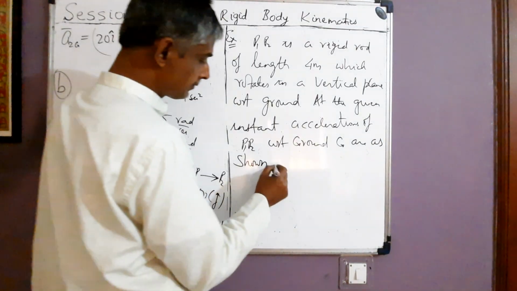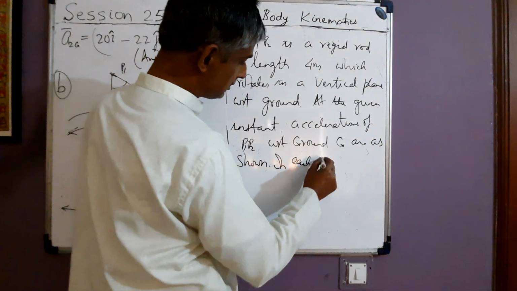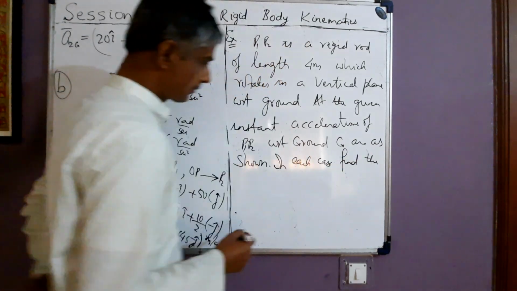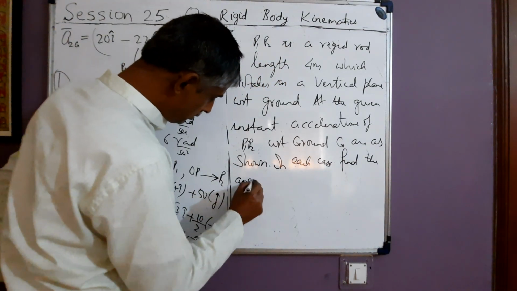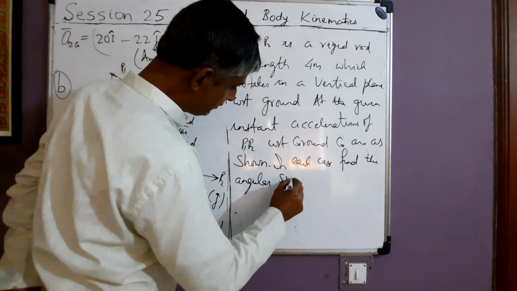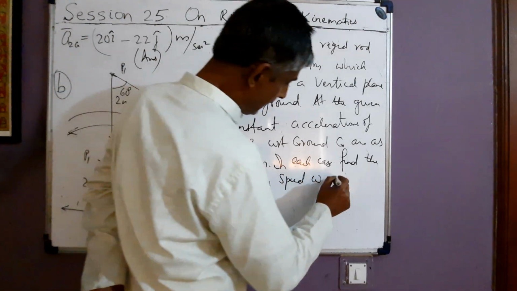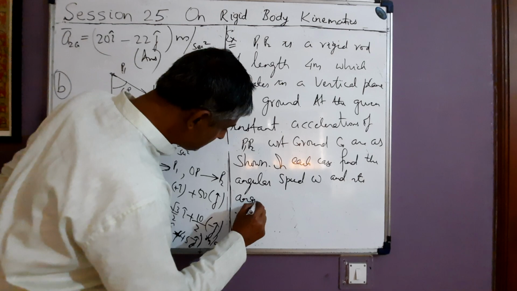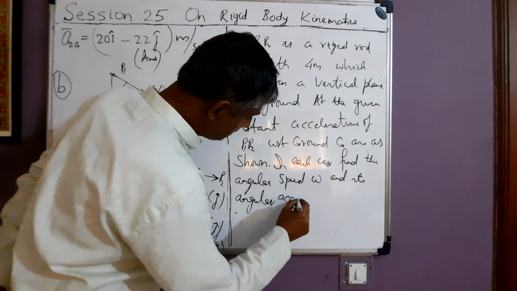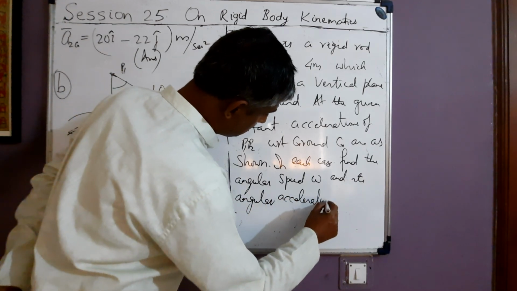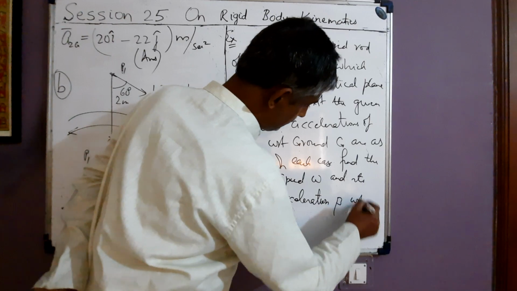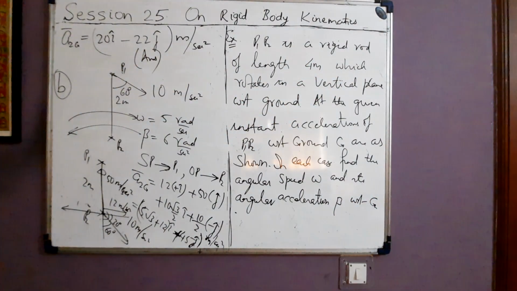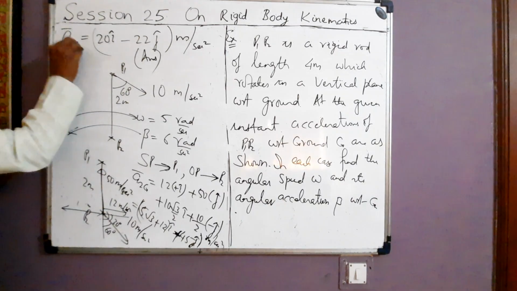In each case, find the angular speed omega and its angular acceleration beta with respect to ground, G for ground.